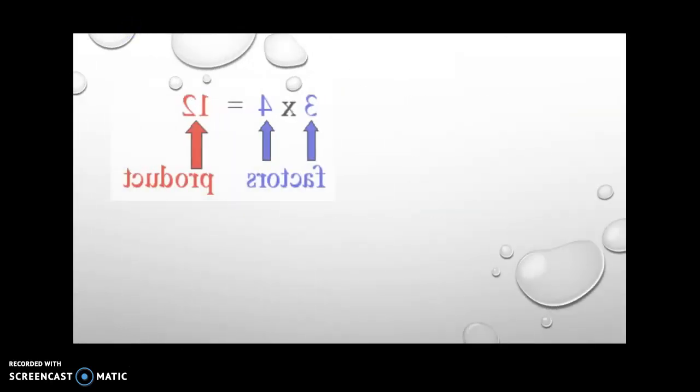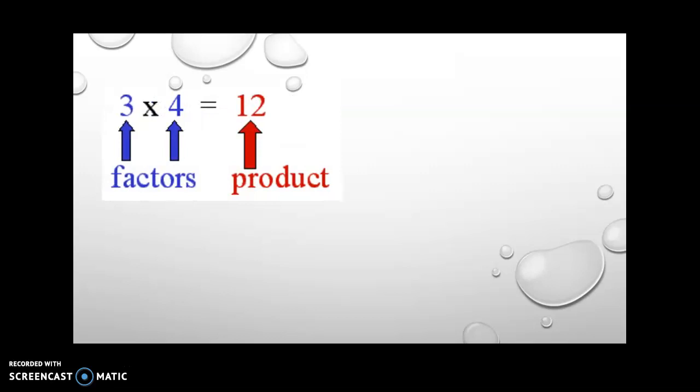Okay, so what I would like to talk to you about is factors and products. In multiplication, the numbers that you multiply, which for us in the 3rd grade, we're going to start multiplying 2 to 3 numbers. In this example, 3 and 4 are considered the factors.